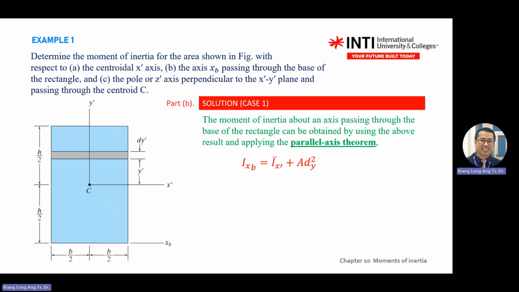A is the area of the whole thing, or you can integrate these small pieces from negative half h to positive half h. dy is the perpendicular distance from the axis to the centroid.